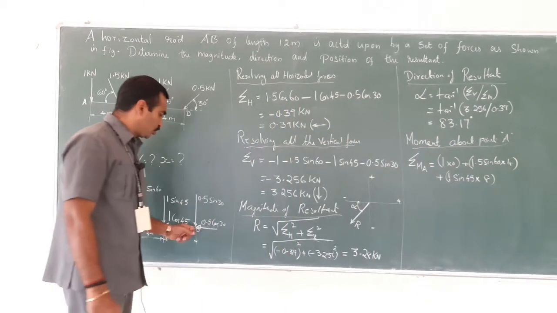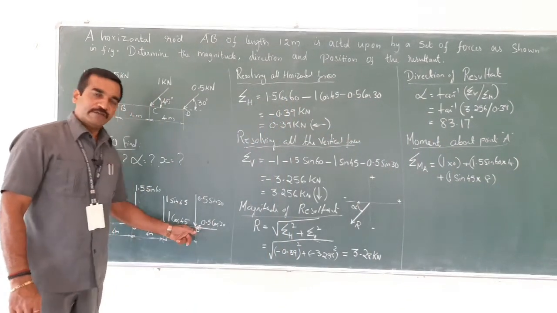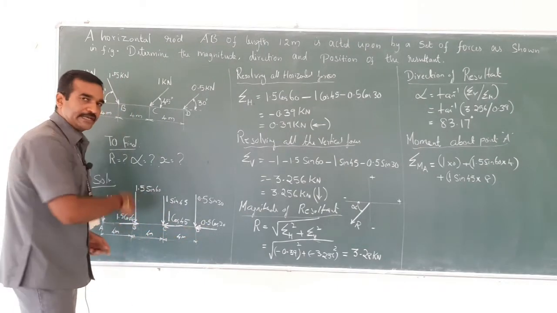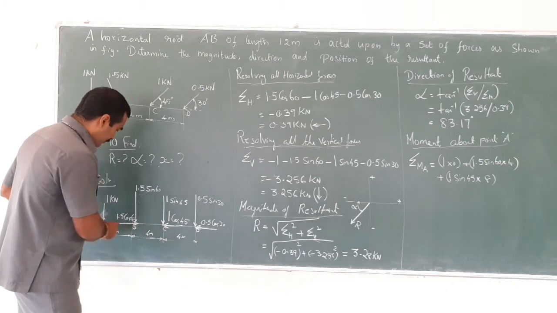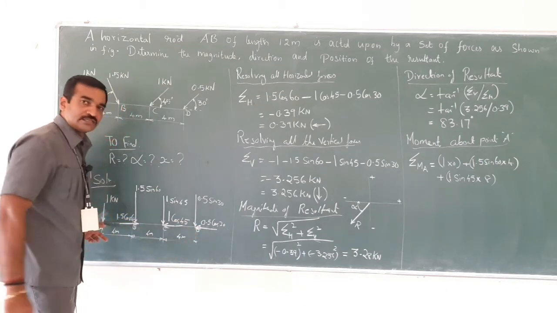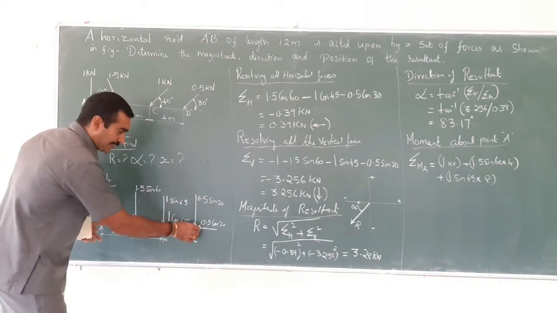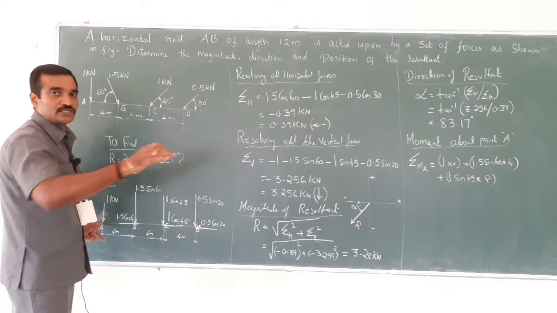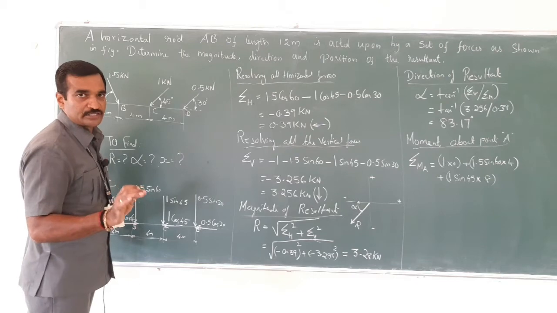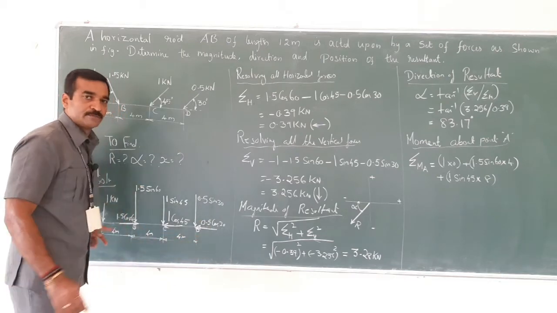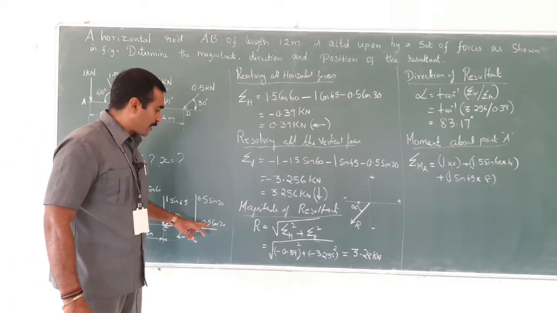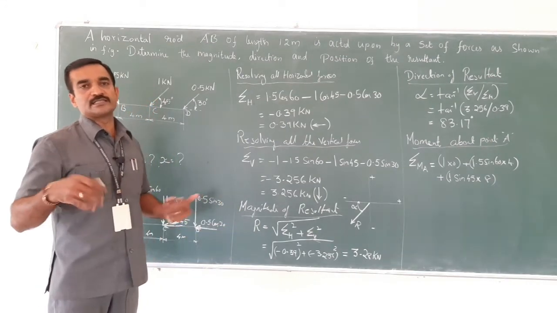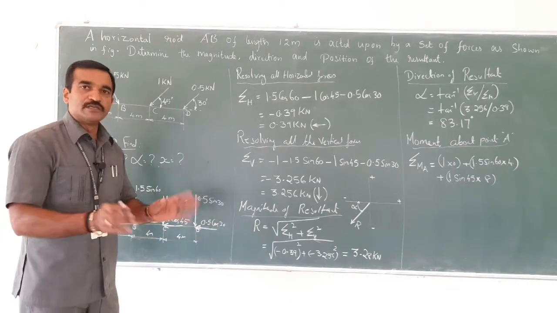Now let me move to point D, where a horizontal force is acting towards the negative x direction. Does it have any perpendicular distance? No, because it is acting on the location of the rod axis, horizontal. So this becomes 0, because the force is 0.5 cos 30 but it has no perpendicular distance. In totality it would be 0.